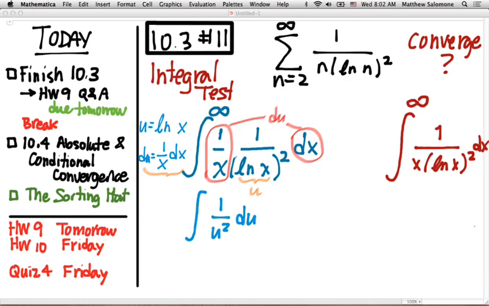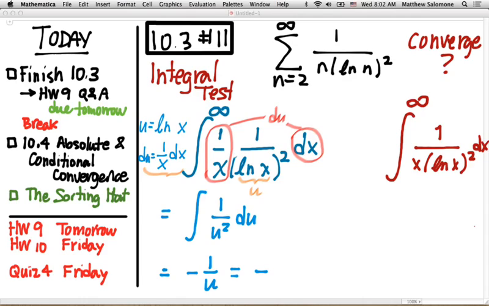And what's an antiderivative for 1 over u squared? Negative 1 times u to the negative 1, aka negative 1 over u. And because we don't want u's, we want x's, we'll just trade those u's back out for x's. We want to do that anyway before we evaluate the limits of this integral.